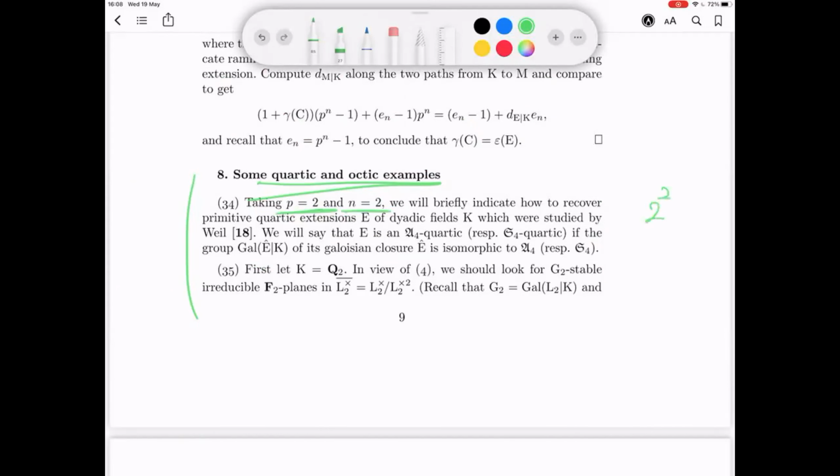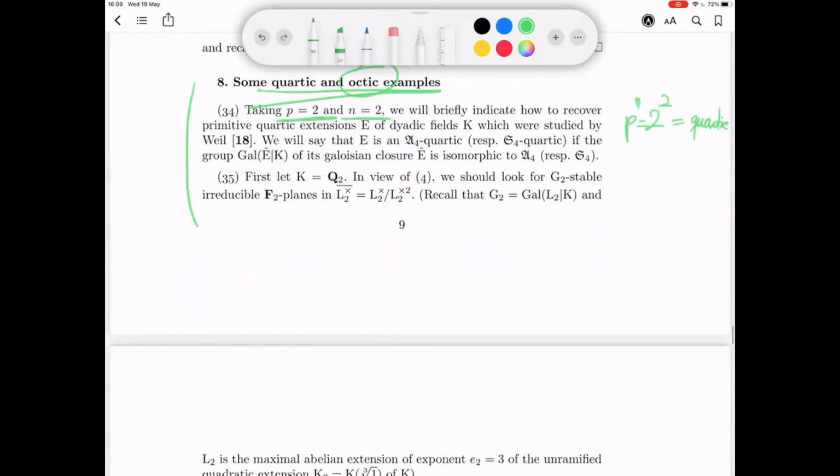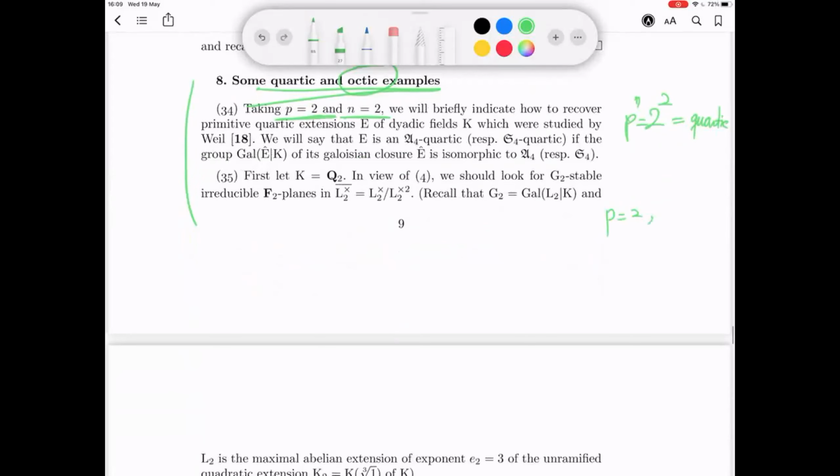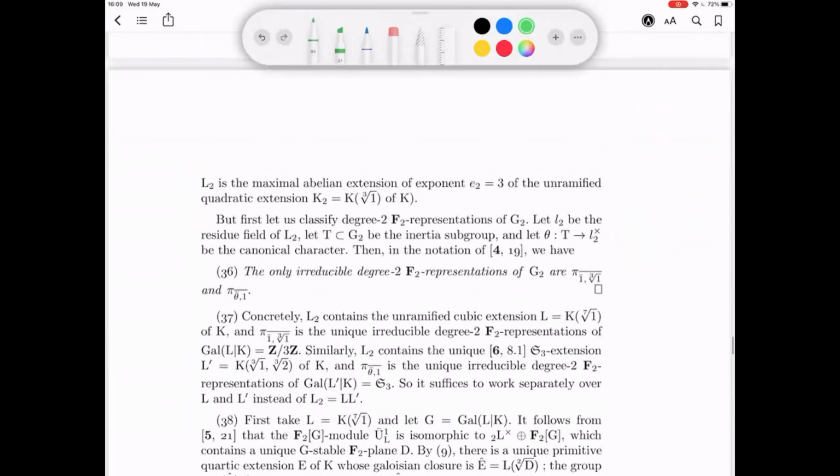So you are looking at extensions of degree p to the n, which is 2 to the 2, and these are called quartic. And octic is when p is 2 and n is 3, so p to the n is 8, and these are octic extensions.